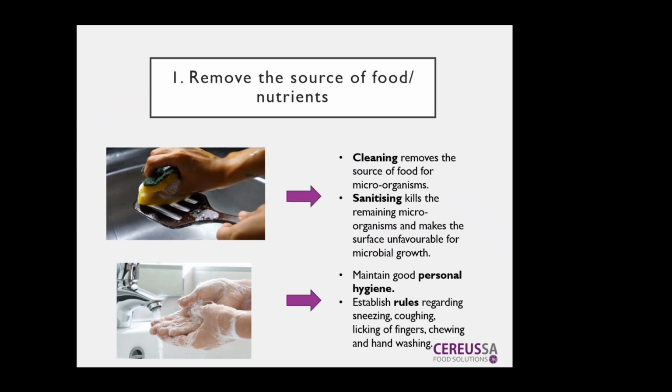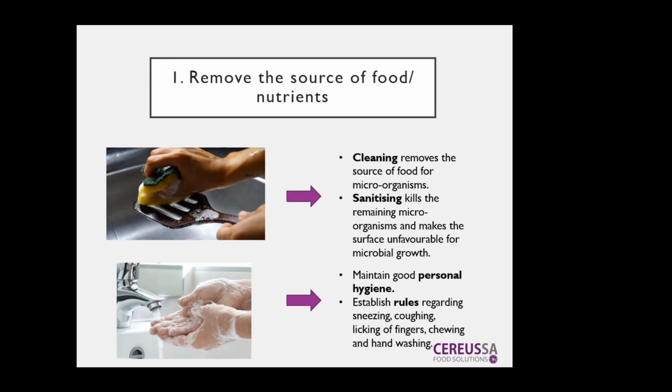The first and one of the most important ways in which to control microbial growth is to remove the source of food. And we do this by cleaning. Cleaning removes the source of food for the microorganism. Sanitizing kills the remaining microorganisms and makes the surface unfavorable for microbial growth. And that is why it's important to clean and sanitize all food handling equipment.